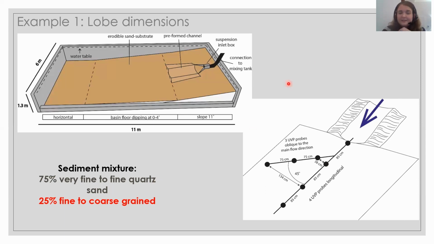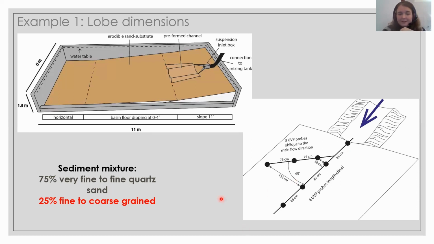So what kind of equipment do we have to measure now our flow? While the flow is actually traversing through our flume tank, we use UVPs. These are ultrasonic velocity probes. So from the measurements they take, we later on can get the velocities that the flows have traveled.